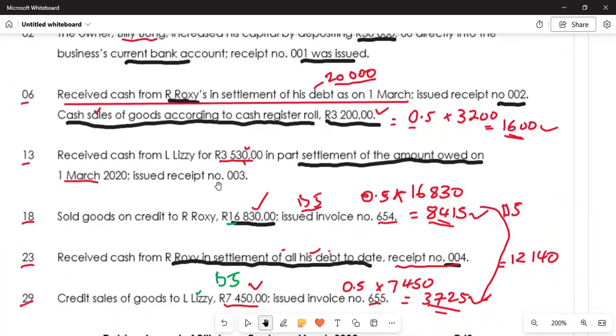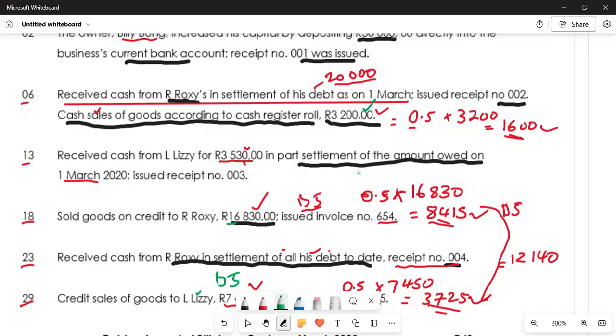But also we have what? Also we said we have a bank of 3,200. So the balance of 3,200, this is the balance that is going to go straight under sales as our cash receipts.